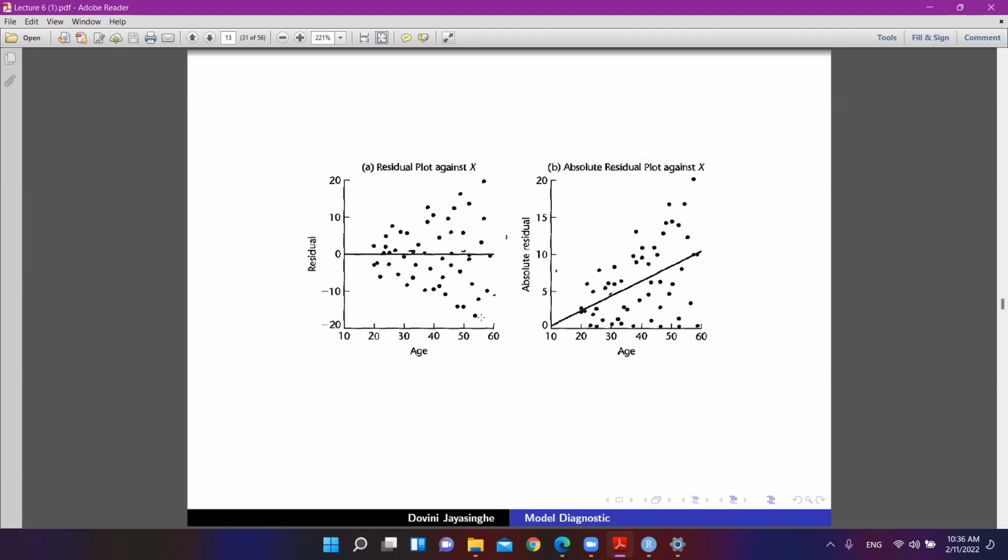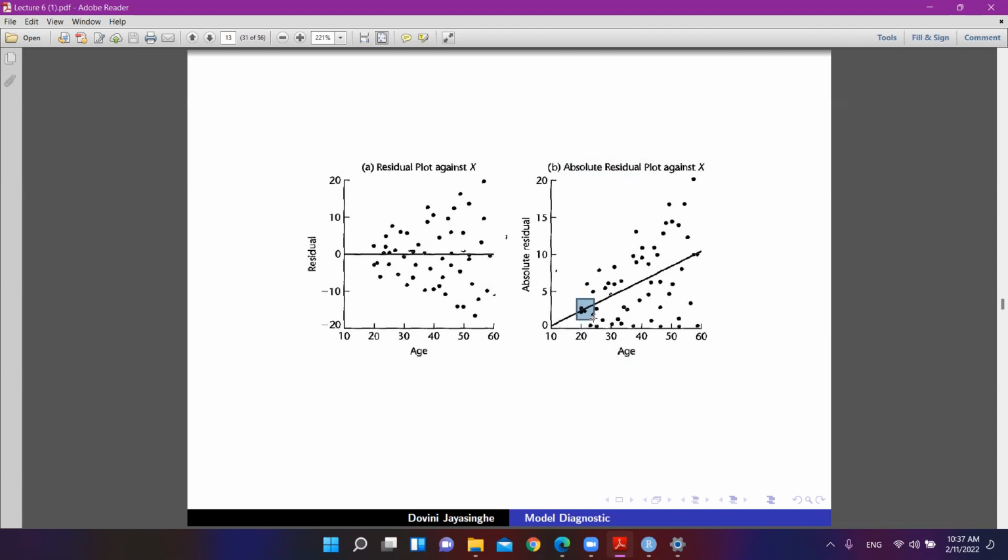Here also, what can we say? That they look around the zero axis, right? And the variances are not constant. A very small variance here, very large variance at the same x level. Here also, at the same x level.